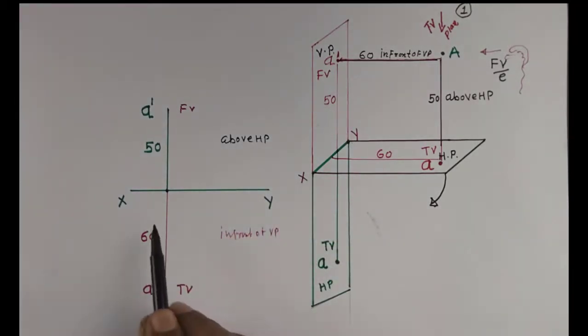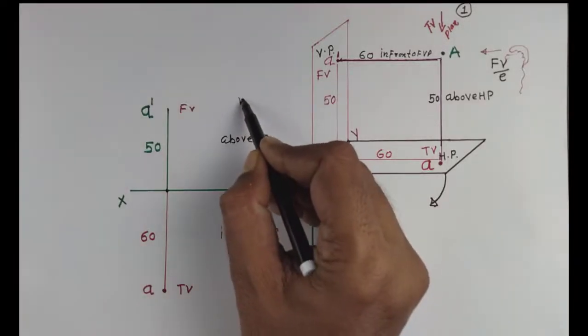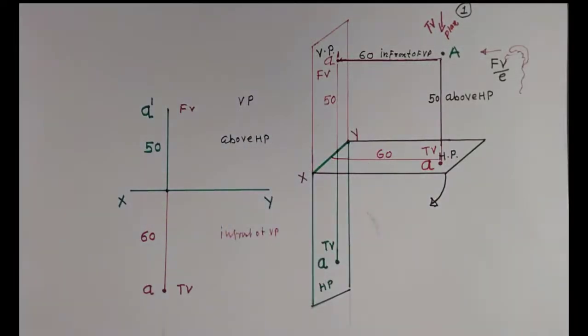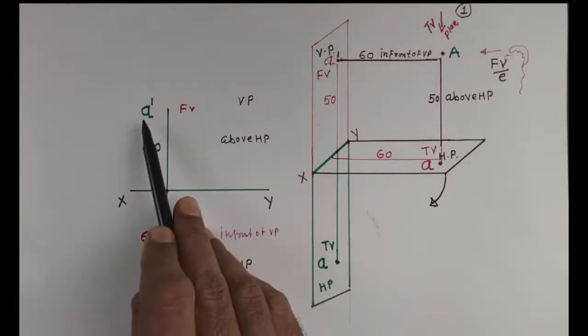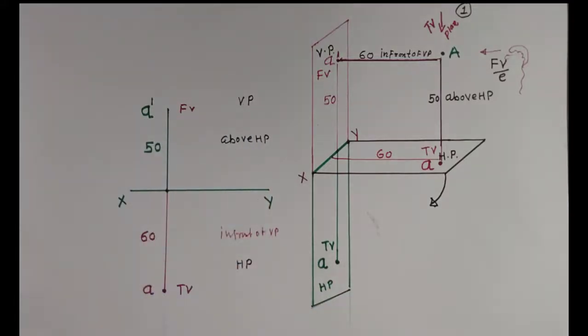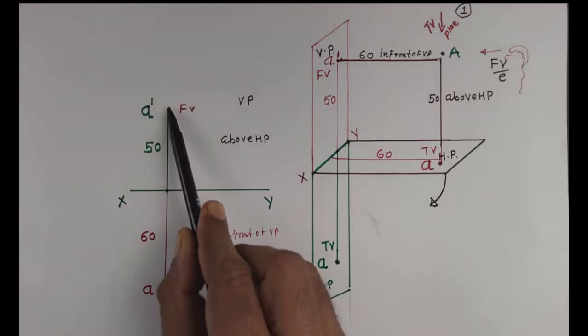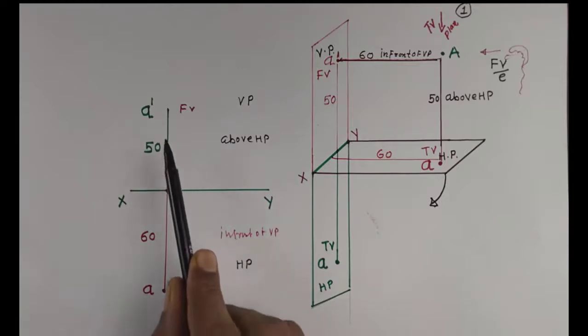And always in first angle, above the XY line we have the vertical plane. Below the XY line there is always the HP plane. In the HP plane we always get the top view of the objects, and we always get the elevation of the objects above. Now I say it simply. The point A is 50 mm above HP, so I draw an upward direction line of 50 mm.